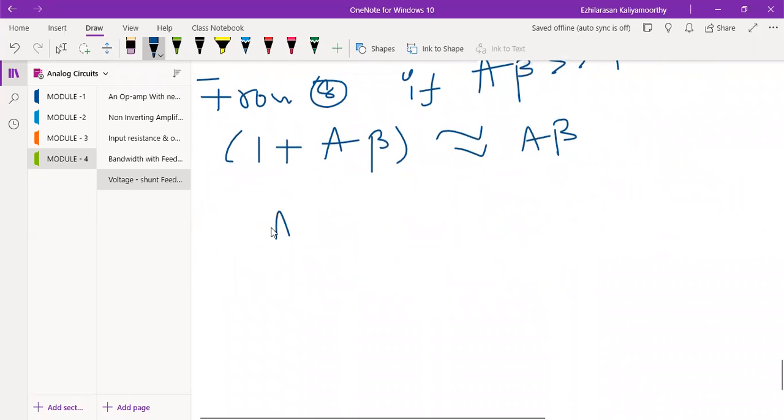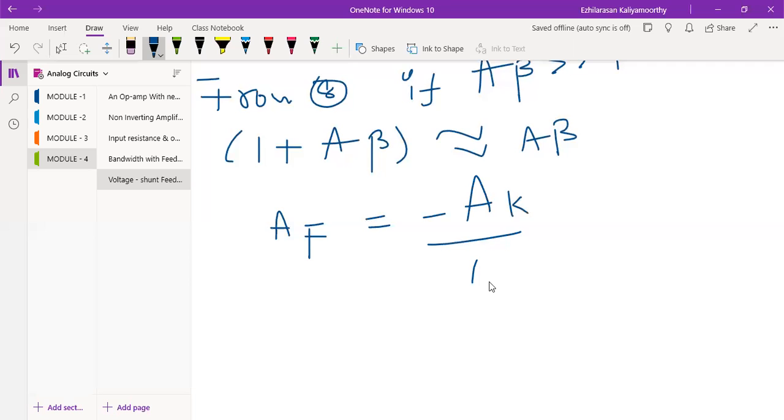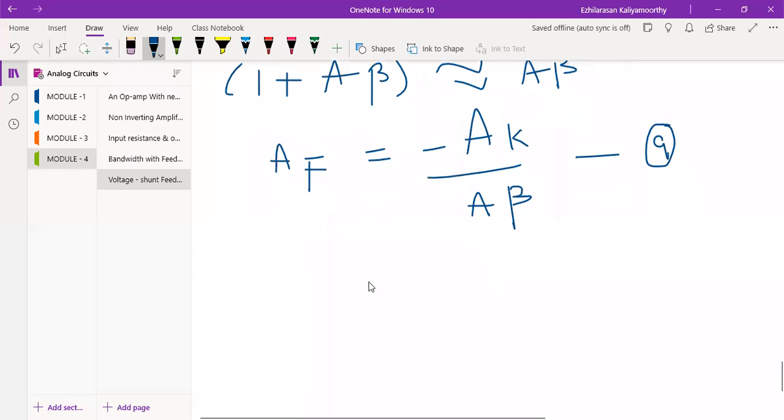So AF will be equal to minus A K divided by A beta. This is expression number 9. Now A and A get cancelled, so I can say minus K by beta.